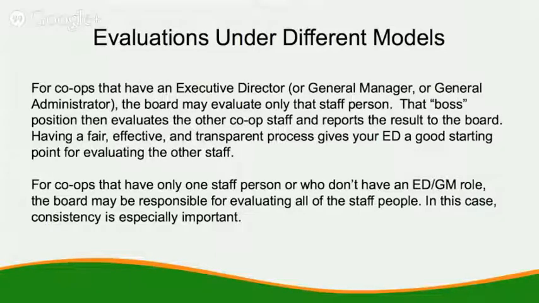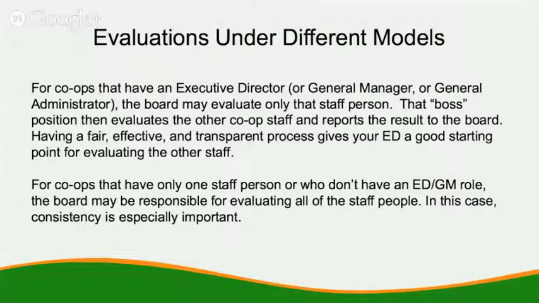If you have a fair, effective, and transparent process, your evaluations for your staff are going to be more useful. In this system, the executive director evaluates everybody else, and the board or the members evaluate the executive director. So you want to make sure there's some consistency in how that process looks.